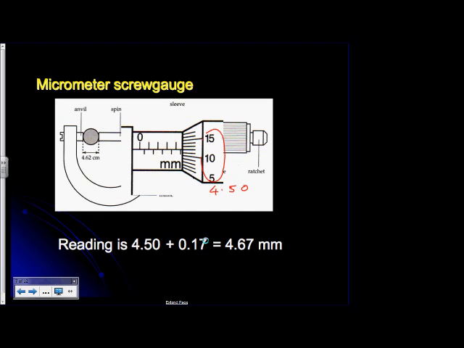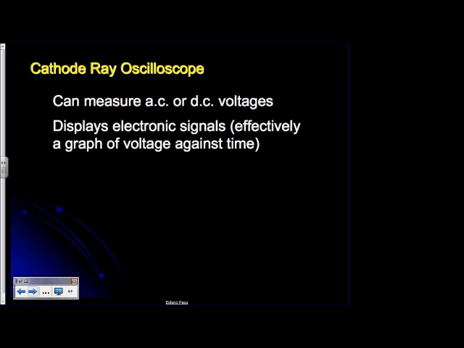Using that scale, there's 10, 11, I'd say that's 12. So the reading is 4.50 plus another 0.12, giving us 4.62. I think that's where we can see that the number was wrong for whatever reason. It was actually meant to be a 2. So 4.62 millimeters. And again, you'll get a chance to practice using a micrometer screw gauge.